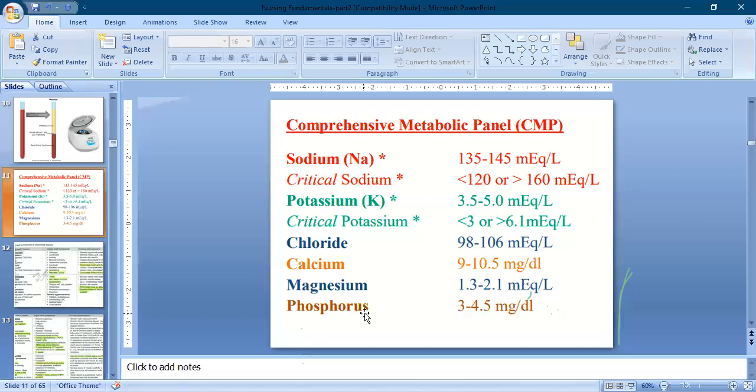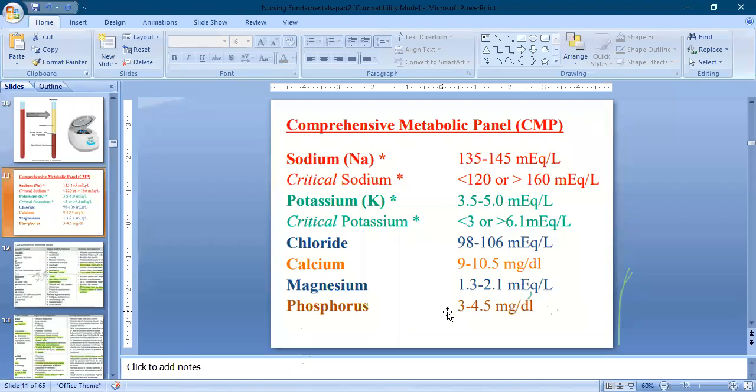If phosphorus goes up, it is called hyperphosphatemia. The cause of hyperphosphatemia is hypoparathyroidism. If the phosphorus level is more than 4.5, it is called hyperphosphatemia, caused by hypoparathyroidism.